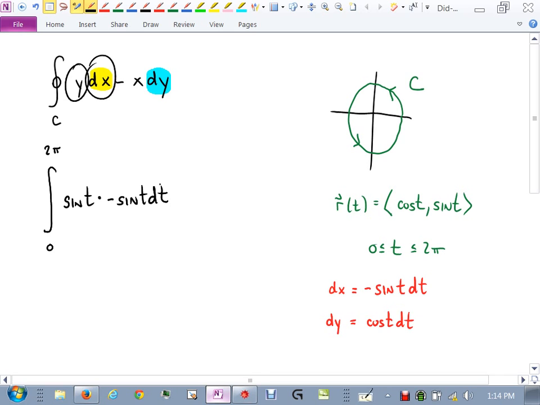And then we're going to have another integral, minus the integral from 0 to 2 pi. I'm splitting it up into two. You could put it all together and do this all at one time. If I did it all at one time, though, I'd pull the dt out and leave it till the end. What goes in here? x dy. So cosine t dt.